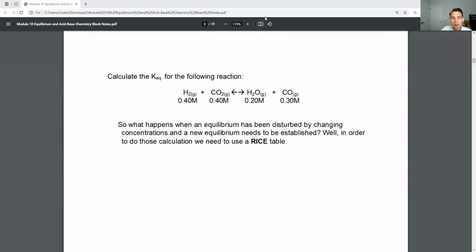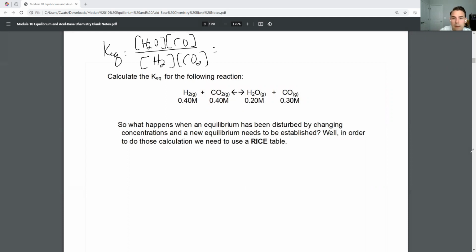So calculate the K for the following reaction. So we've got everything's a gas. So I'm going to start off by writing out your K. That's trivial, it's your first step. So the concentration of H2O times CO divided by H2 and then CO2.